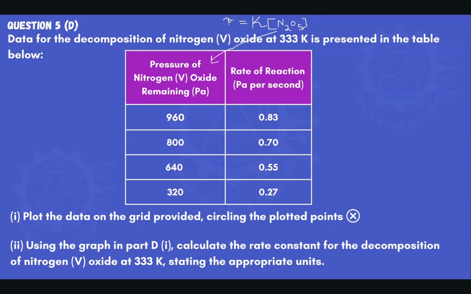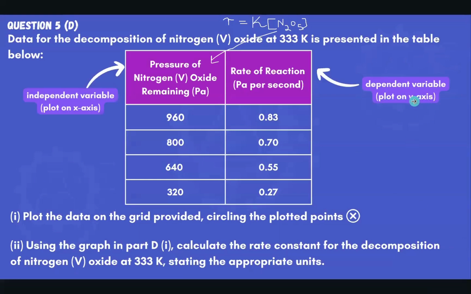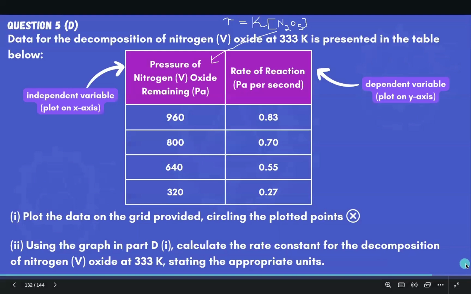The rate will be my dependent variable, so I'm going to plot that on my y-axis, and the independent variable will be my pressure. Remember, the rate law says we're figuring out how the rate is affected by pressure. So the pressure is going to be on the x and the rate on the y. Okay? So let's go ahead. I went ahead and plotted that up nicely.